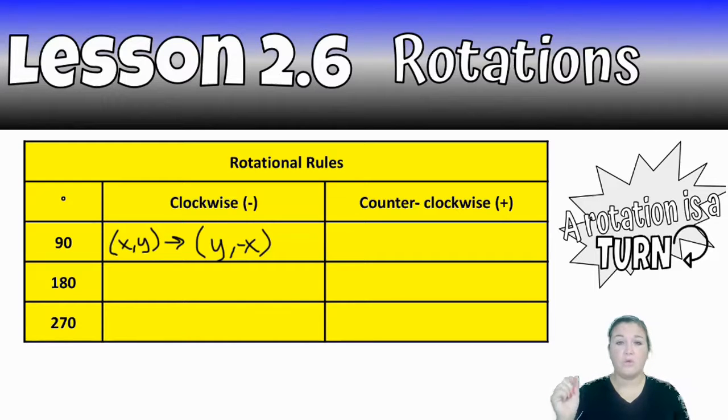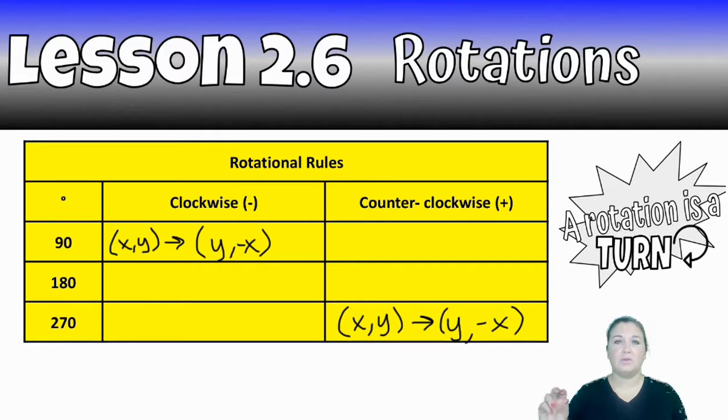If you turn left 270, that's like turning to the right 90, clockwise, negative 90. So negative 90 and positive 270 have the exact same rule.